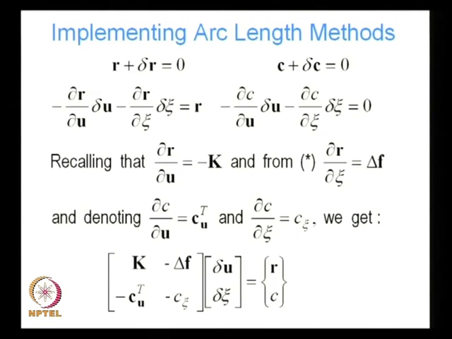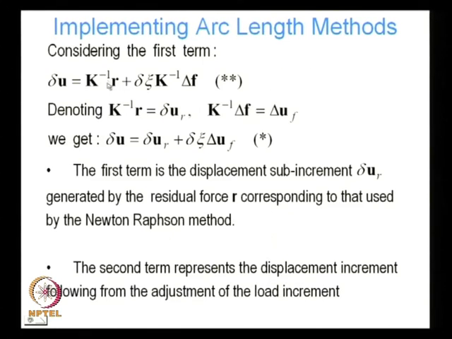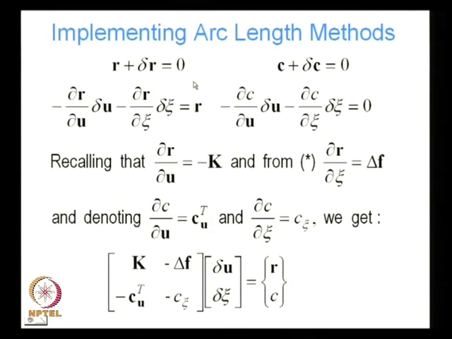So, let us look at the first equation, k delta u minus delta f delta xi is equal to r. From this equation I can write delta u is equal to k inverse r plus delta xi k inverse delta f, just by taking delta f delta xi to the right hand side, and then inverting k.